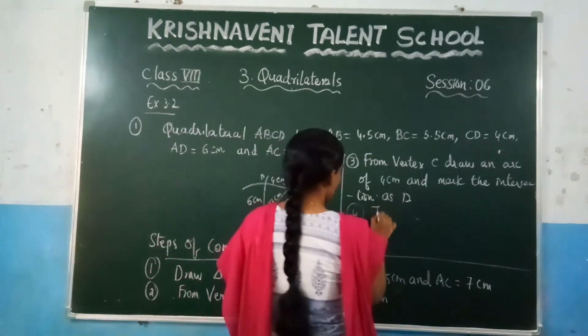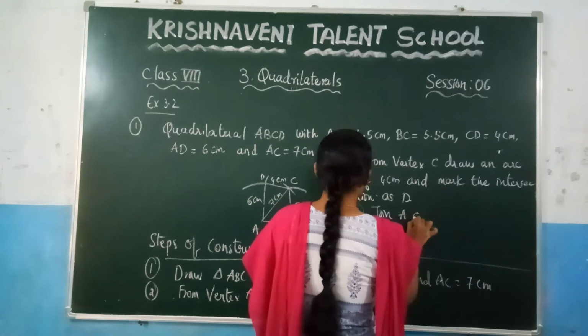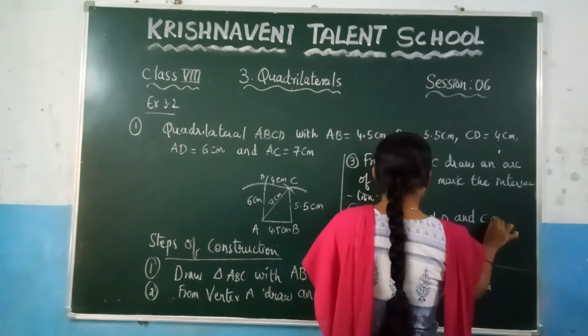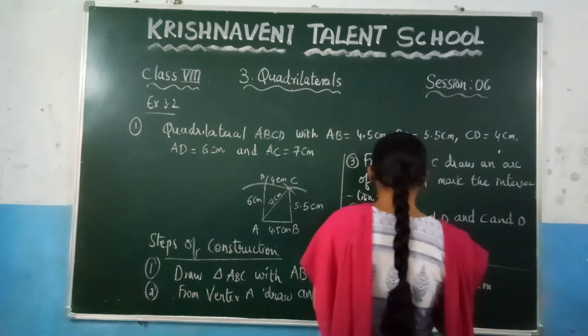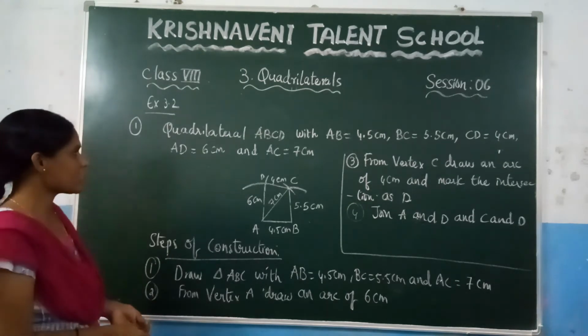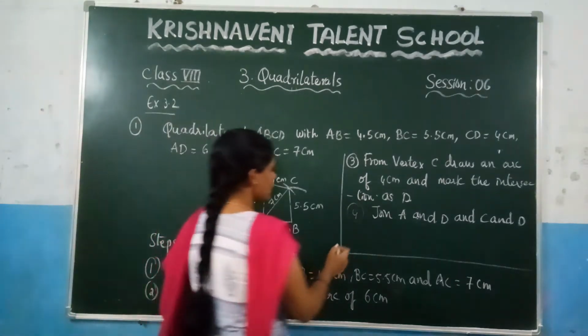So write it here, join A and D and C and D. So after joining all these, what we got? We got the quadrilateral which is ABCD. So write it here, the last one.